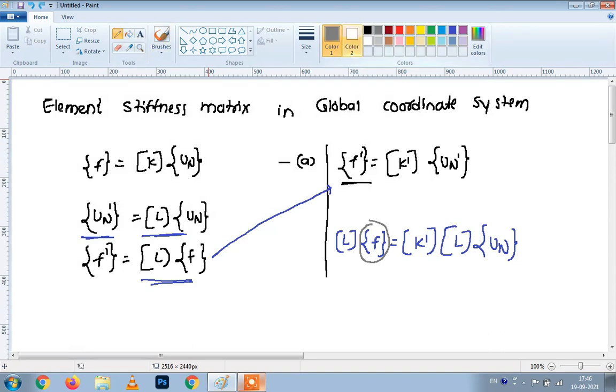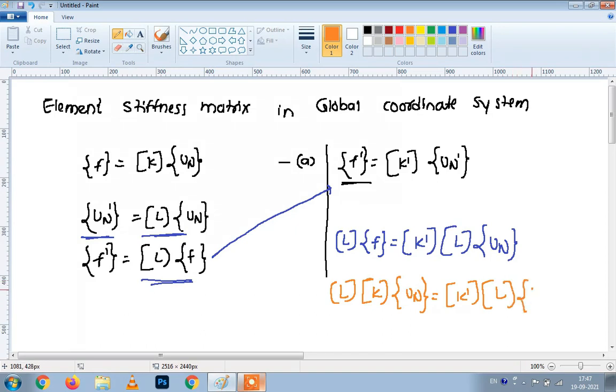L will be as it is, and instead of F we put K, so it will be the stiffness matrix K into the displacement vector UN is equal to K dash L into UN.